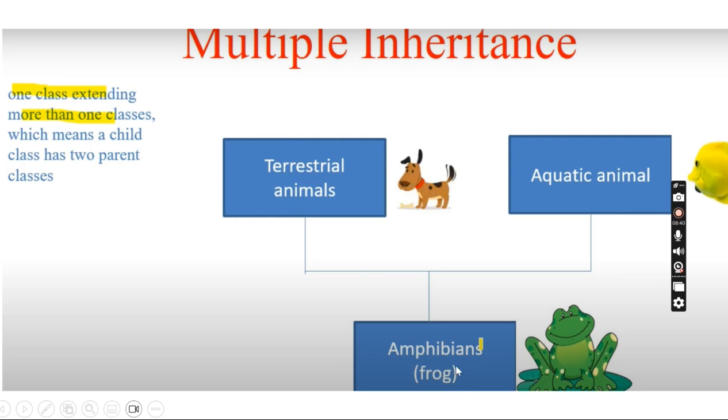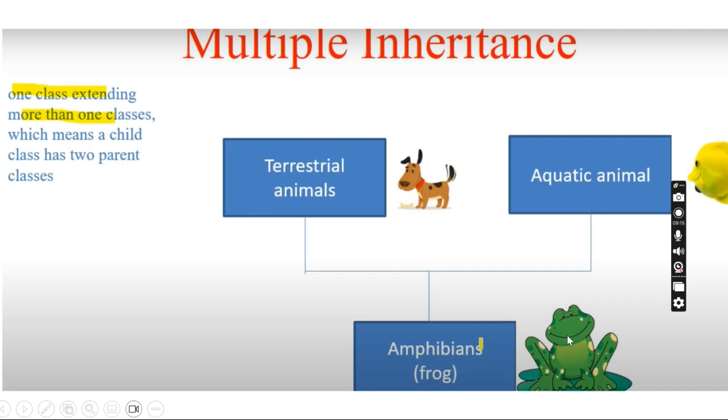The problem we get here is that the terrestrial animal and the aquatic animal have some of the same kind of behavior, like they have two eyes. The terrestrial animal can breathe with lungs, while the aquatic animal cannot breathe with lungs; they have gills. The amphibian can do both things.